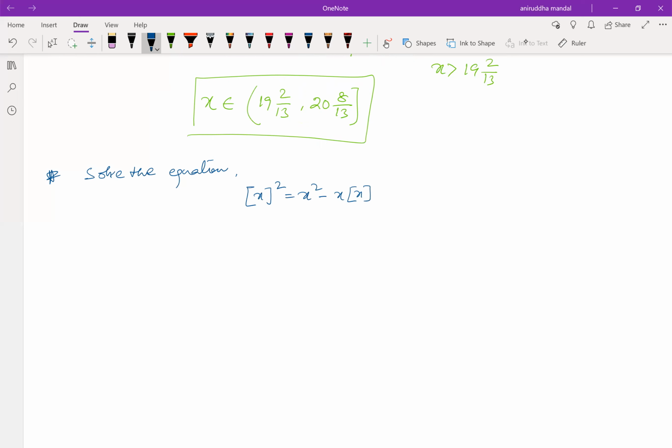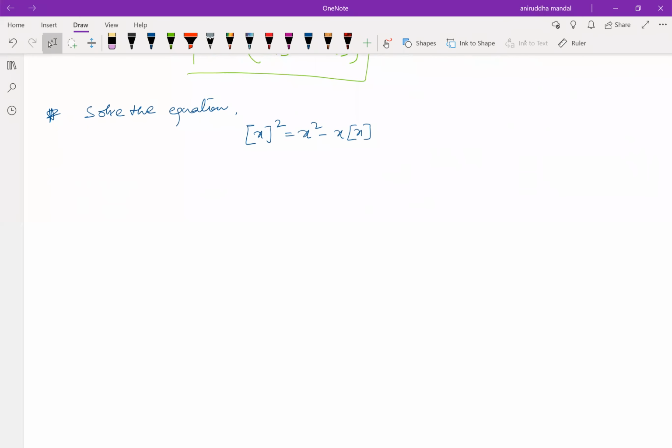We have to find the values of x. So what we can do is write x as floor of x plus the fractional part of x.